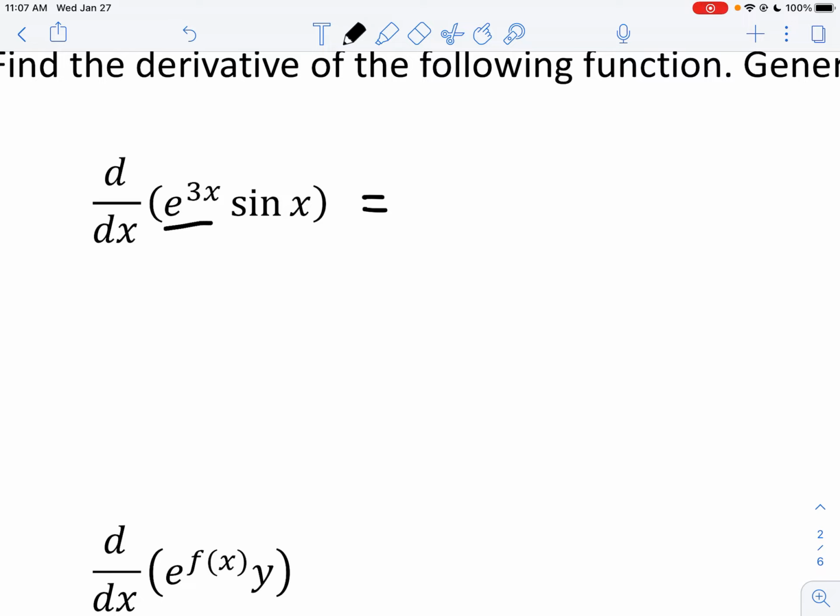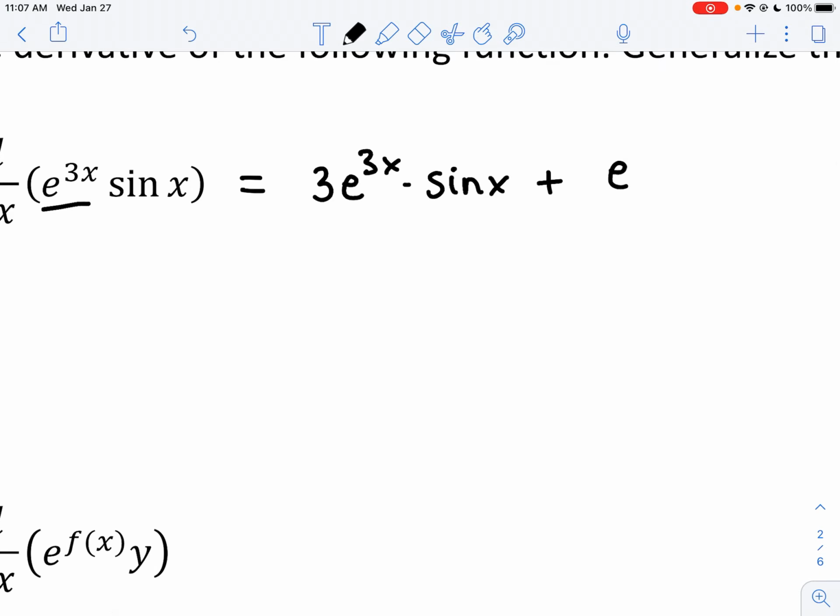So we have to do the derivative of 3x first, which is 3, and then times e to the 3x. So here's the derivative of the first factor, and then times the second factor, then plus the first factor, which is just e to the 3x, and then times the derivative of the second factor. And the derivative of sine of x is cosine of x.